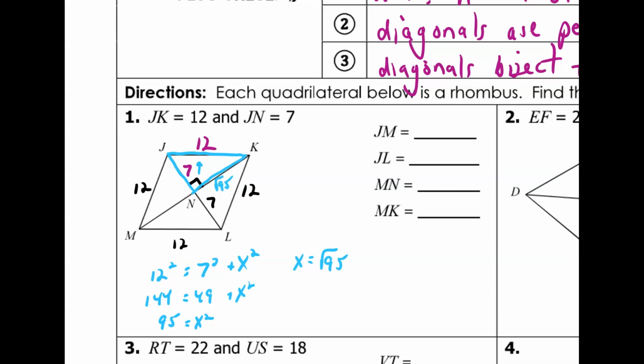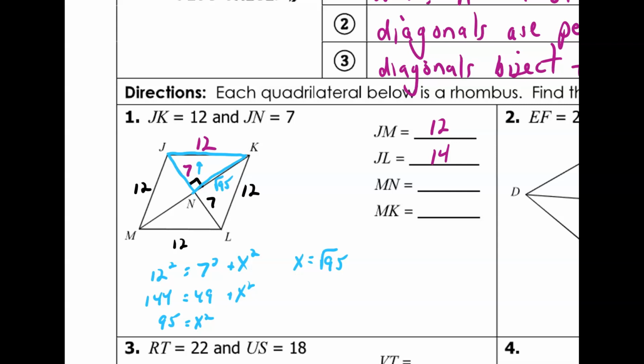Now let's go ahead and answer the questions on the right. So JM we wrote down as 12, so let's just put that in here. JL is the entire diagonal, so that has to be 14, 7 plus 7. MN is the same thing as what we just found, NK.